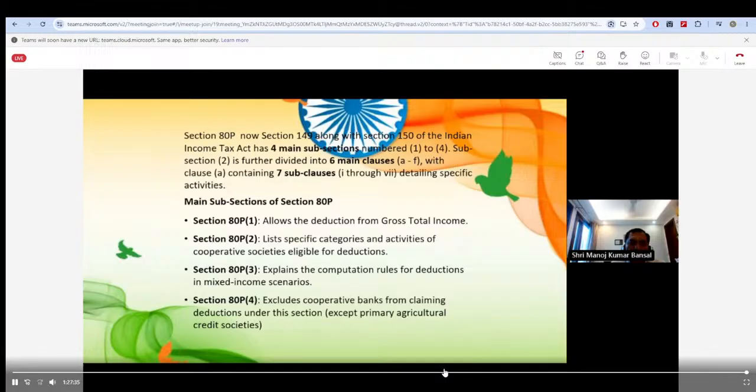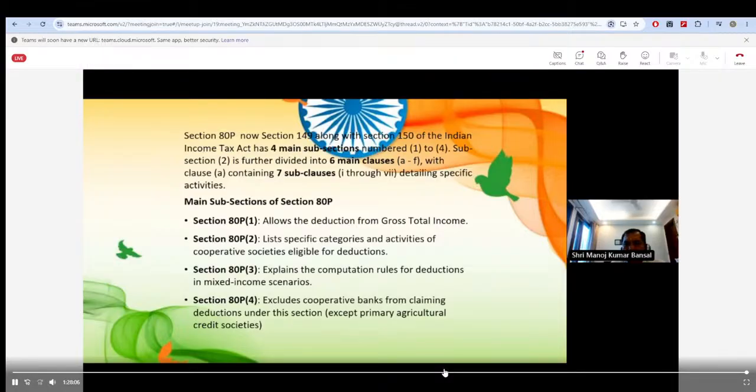Now let us come to Section 80P(1). 80P(1) allows the deduction from gross total income. 80P(2) lists specific categories and activities of cooperative societies eligible for deductions.